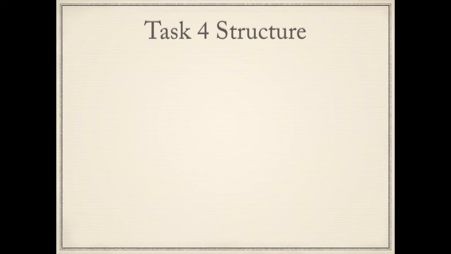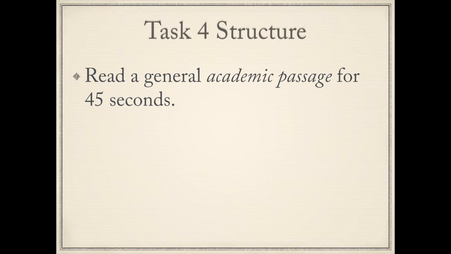Okay, so the structure for task 4 starts with a general academic passage for 45 seconds. What does that mean? It is normally taken out of a general textbook. It is not an academic article. It's not a paper, an essay. It is normally a textbook chapter that gives general information on a specific subject. And there are all kinds of subjects.